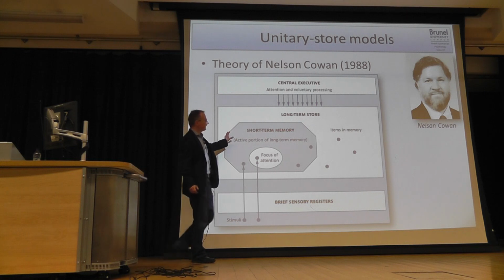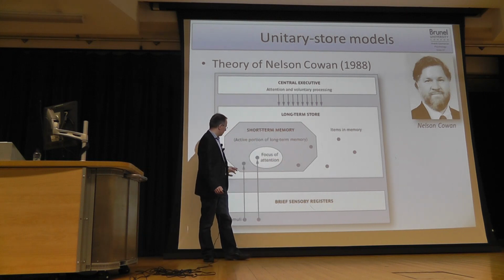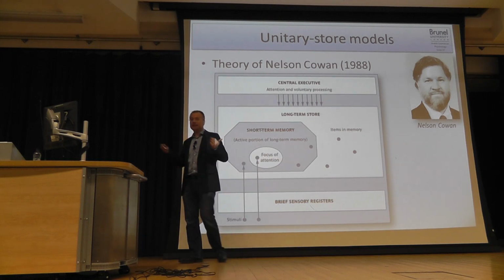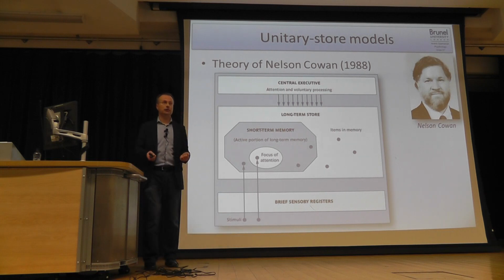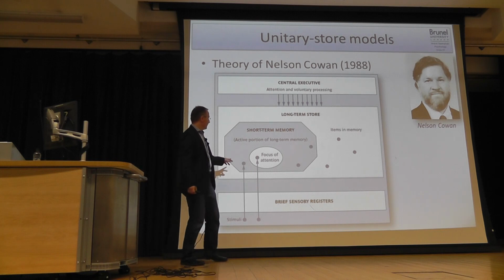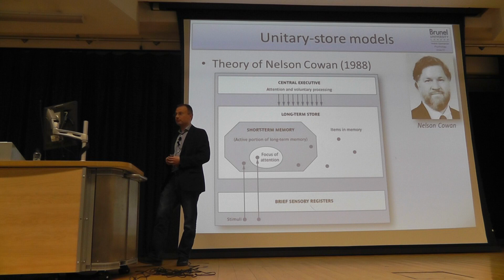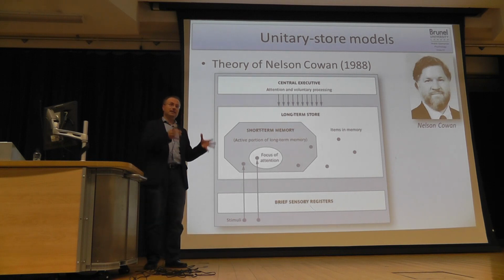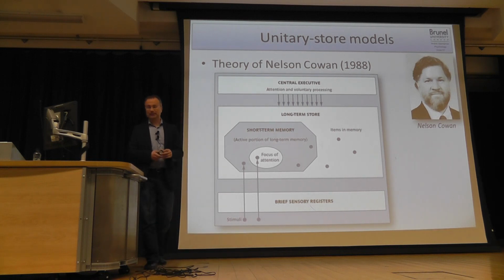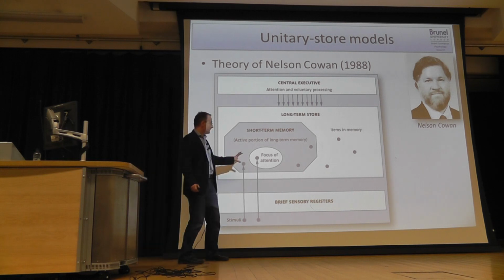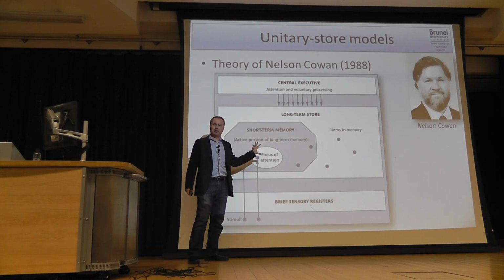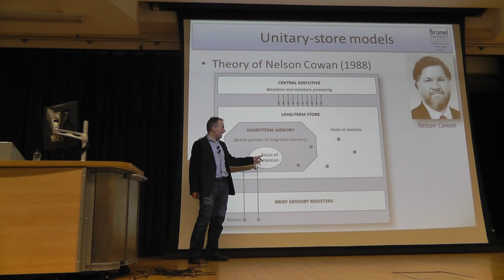Now, some items in this memory, like this blue box, can be activated, for instance by attention, by task demands we actually have. And these constitute short-term memory. Then he added a third layer here, and that is the items we actually put our focus of attention on. And this is where processing happens.